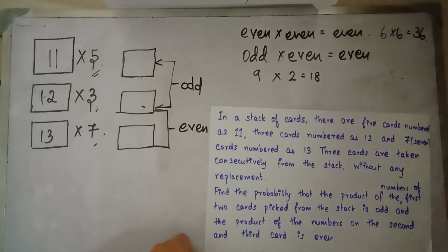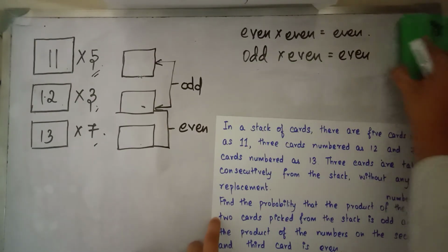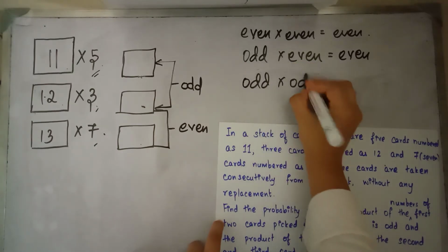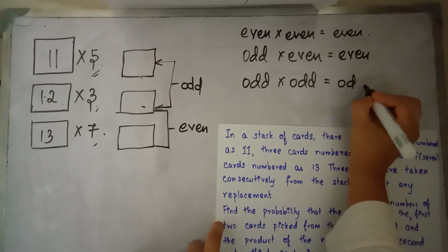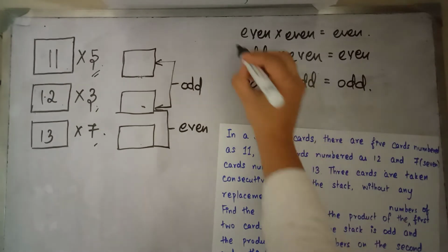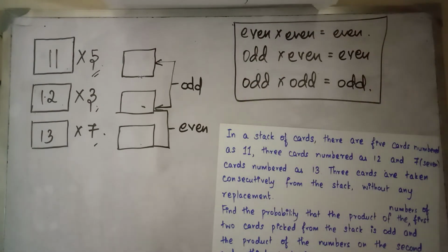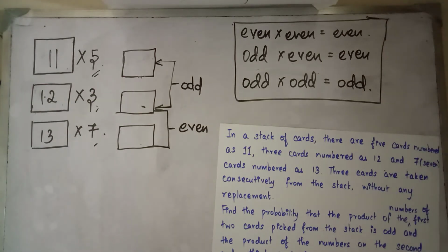It gives us 18. That is an even number. We get an odd number when we multiply 2 odd numbers. 9 into 3, both of them are odd, and it gives us the odd number 27. Okay, so this is something that you have to remember not only for this problem, but for any aptitude problem on numbers. Now that we have this, let's look at the options that we have.